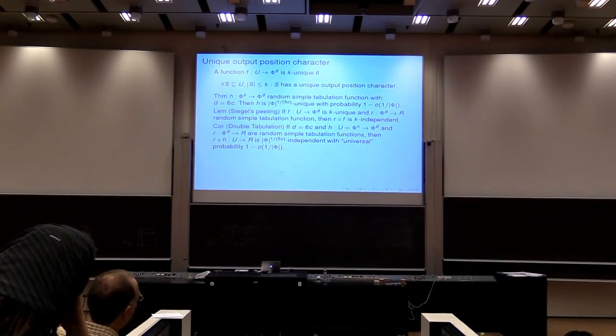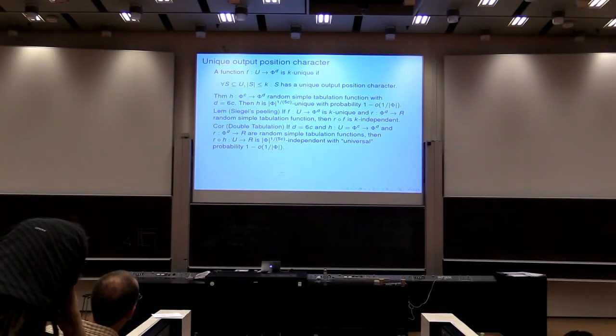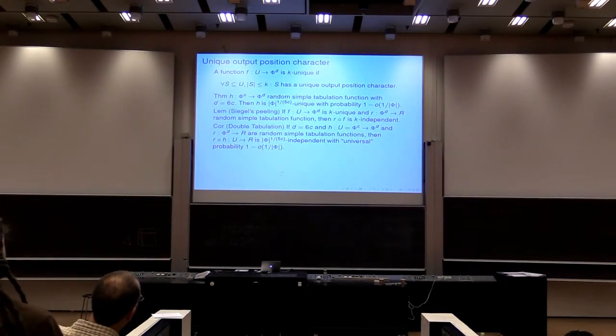And what do I mean by universal? The point is that I just need one k-unique function. And when first I have it, I can regard it as constant. I never need to change it again. So that's why I mean it's universal. This guy only has to be done once, whereas the second simple tabulation function has to be tossed each time we want something which is independent.